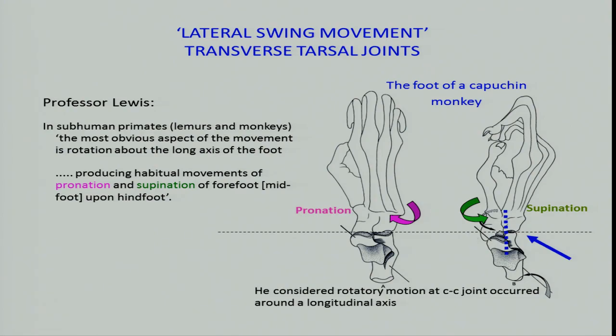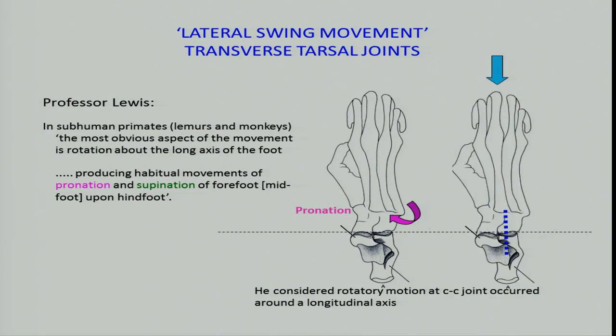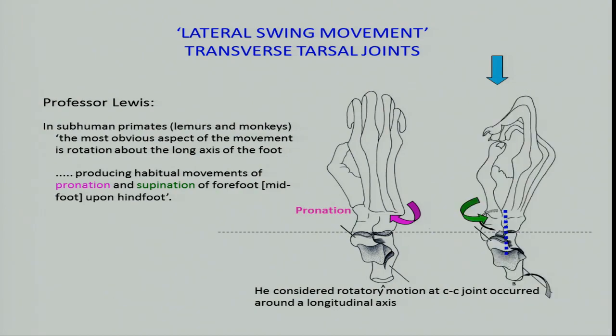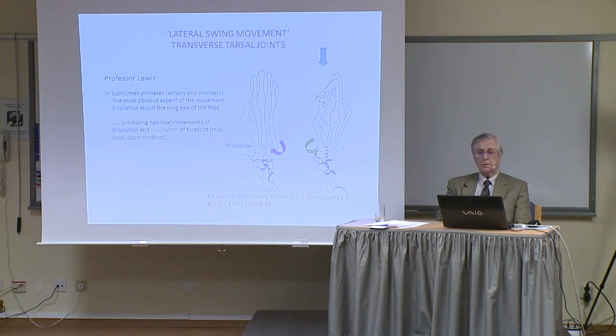And he considered that at the calcaneo-cuboid joint there was a longitudinal axis about which this rotation occurred. So there we are, pronated, around that axis, supinated. And so you can grip the branches from the side or from above, if you're a monkey.